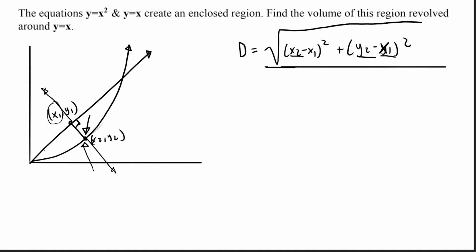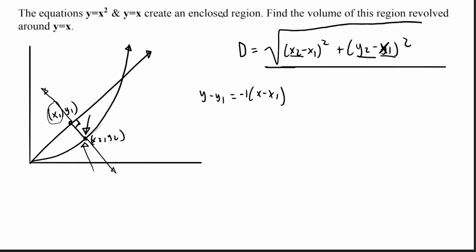Because the slope of the line y equals x is 1, the slope of the perpendicular line will always be -1. And to find the equation, we can use point-slope form, which is y minus y1 equals the slope, so -1, times x minus x1.